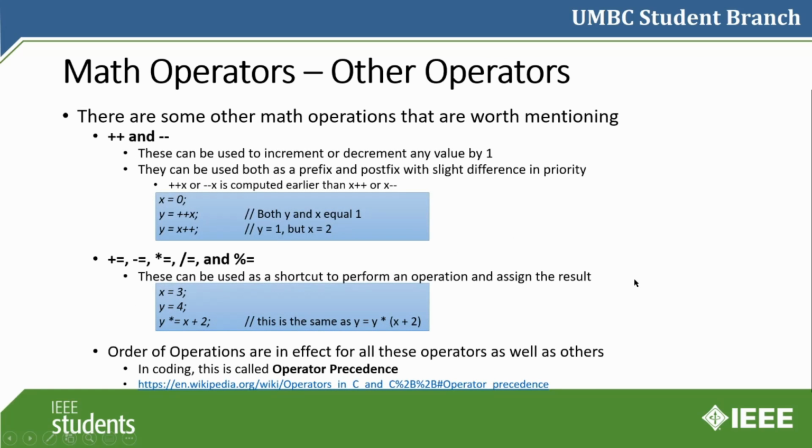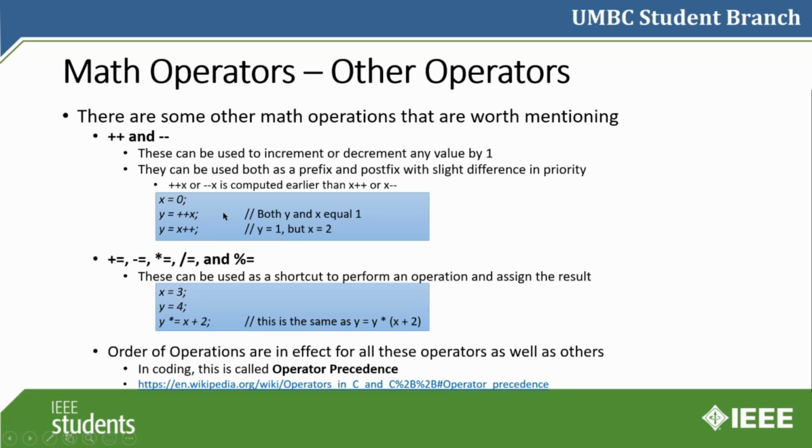Okay, so some other frequently used math operators are things like plus plus and minus minus, which are used to increment and decrement variables by a value of 1. And there is a little trick to using them where if you put them before versus after a variable, then they will execute at different times.